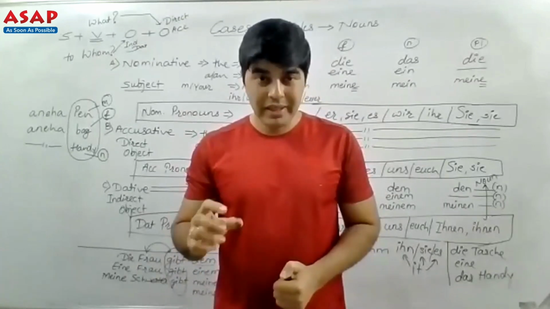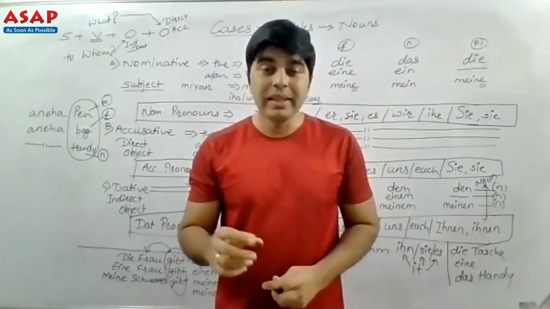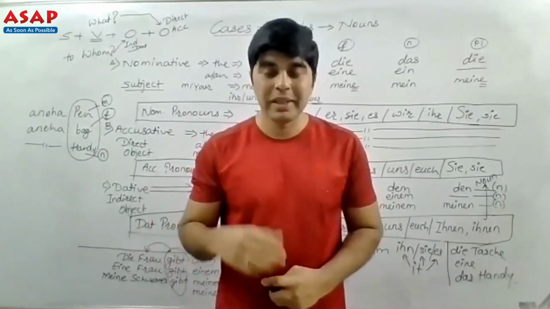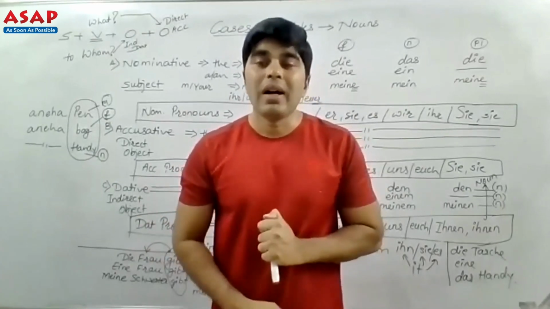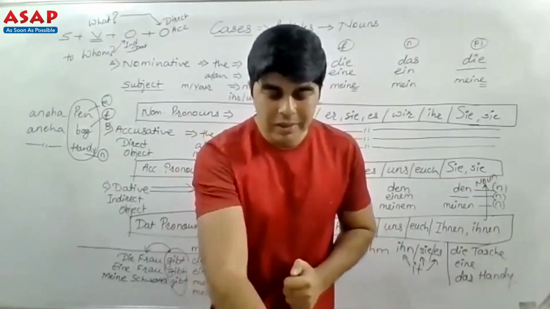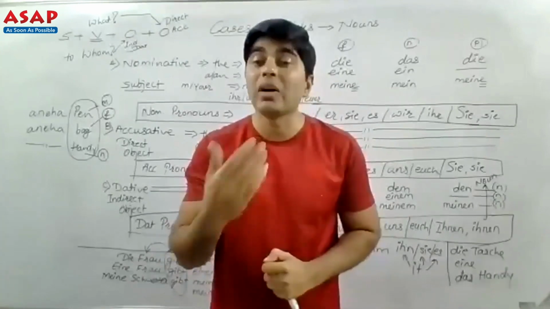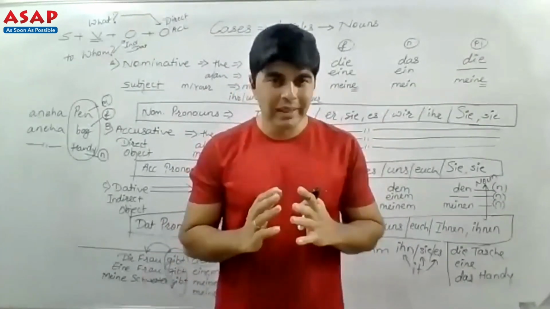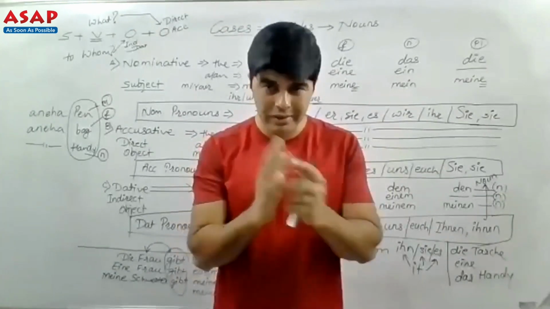In the sentence structure in English, mostly a direct object comes first and then indirect. But in German, what object will come first? Indirect object. Indirect object means dative will come first and then accusative. So that is something which is not similar to English, structure-wise.